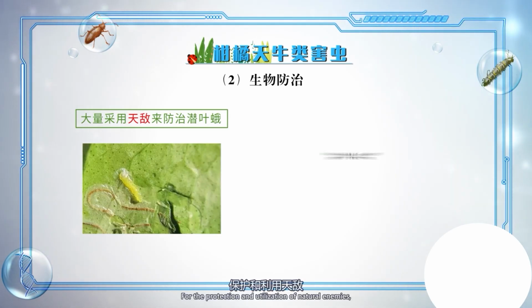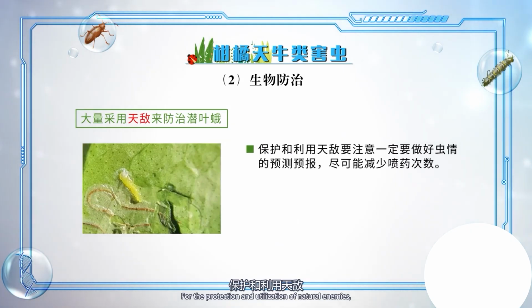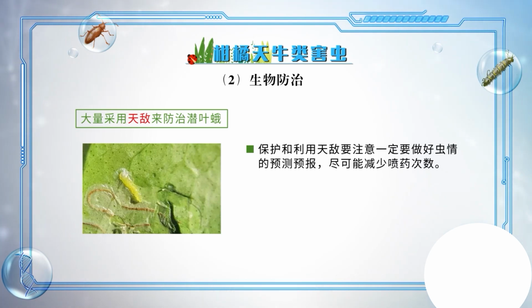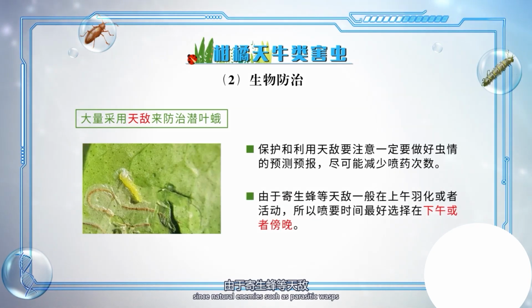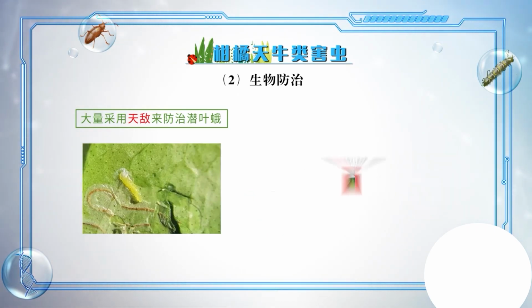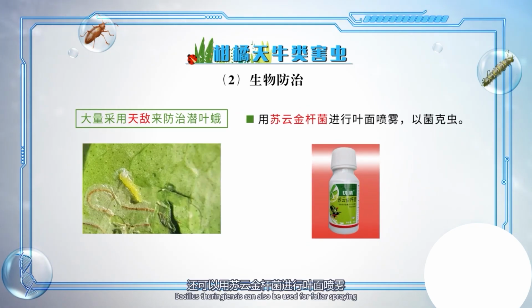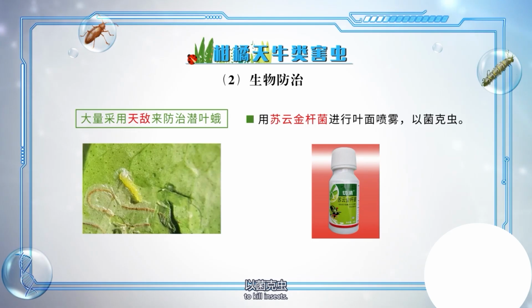For the protection and utilization of natural enemies, attention must be paid to the prediction and forecast of pest conditions, and the number of spraying should be reduced at most. Meanwhile, since natural enemies such as parasitic wasps generally emerge or move in the morning, it is better to spray in the afternoon or at dusk. In addition, Bacillus thuringiensis can also be used for foliar spraying to kill insects.